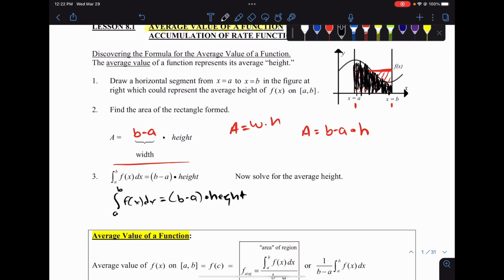But instead of finding the area under the curve, if you took the average height and found the area of that rectangle, they should equal each other, right? The area under this curve should be equal to the area of that rectangle. So that's why those areas are equal to each other. Then it says solve for the average height. So I divide by b minus a. And that's what gives us our average value function.